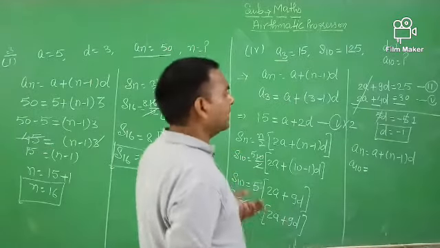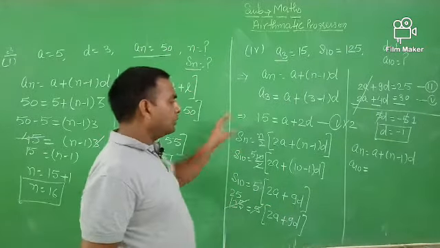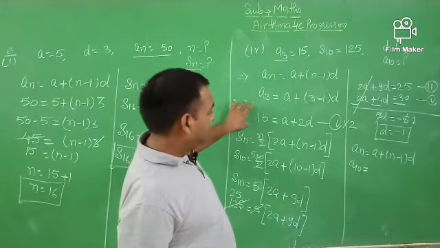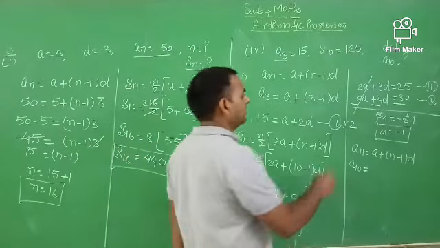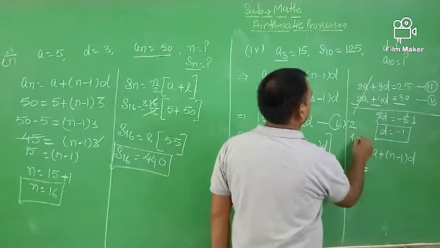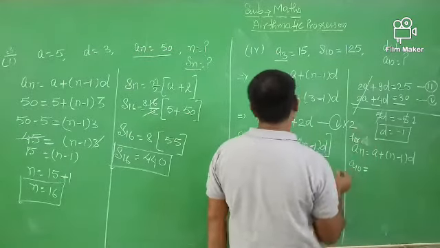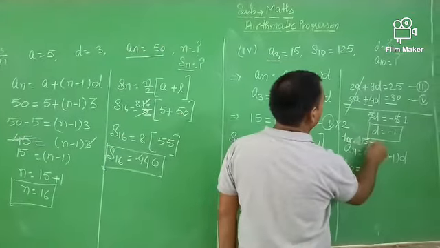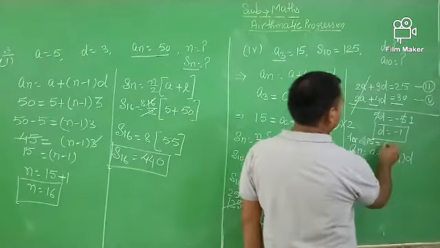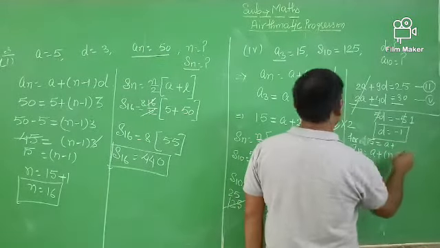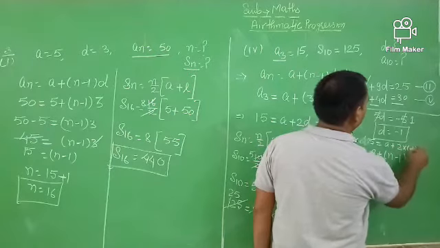First you find the value of the first term. Then you put the value of D in equation number first. So 15 is equal to A plus 2 into minus 1.